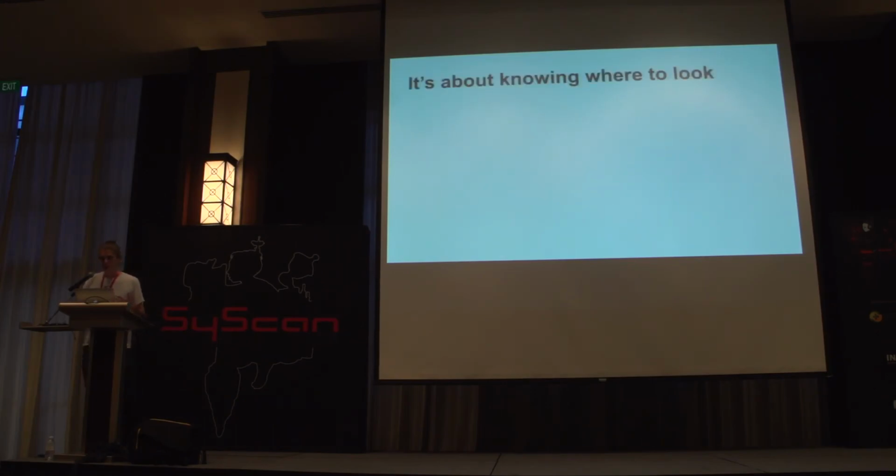So the conclusion about the OSX and iOS kernel is that there is absolutely nothing special about iOS kernel code. It's simply about knowing where to look. This was absolutely just the tip of the iceberg in terms of trivial kernel vulnerabilities.